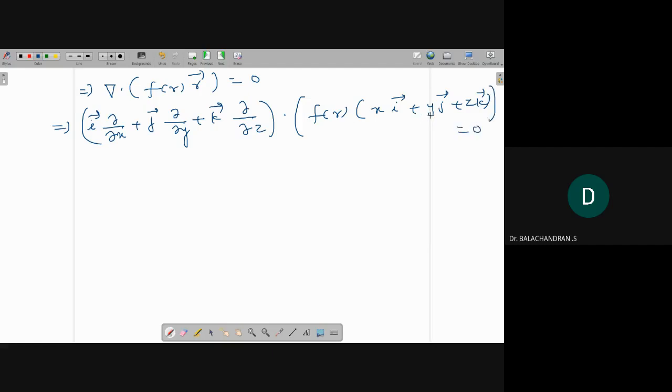The second method is, okay, first I will finish the first method and then I will tell you the second method.